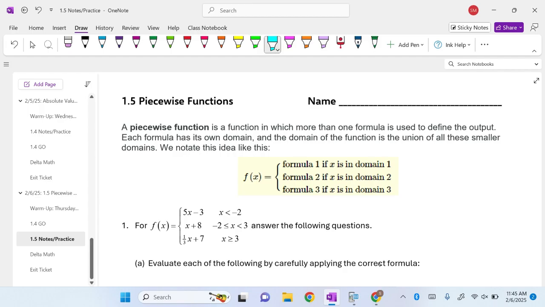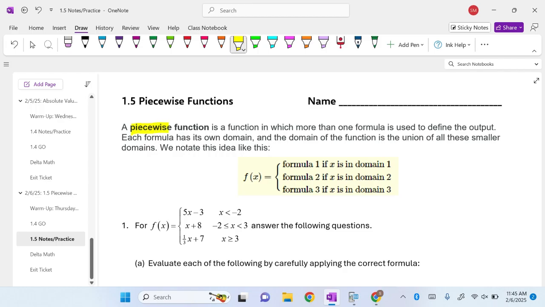You could have a linear function mixed with a quadratic function mixed with an exponential function all in one graph. But they start and stop at different x values. So technically it's all the same function, but it's different pieces. That's why it's called piecewise. It's literally like a jigsaw puzzle.